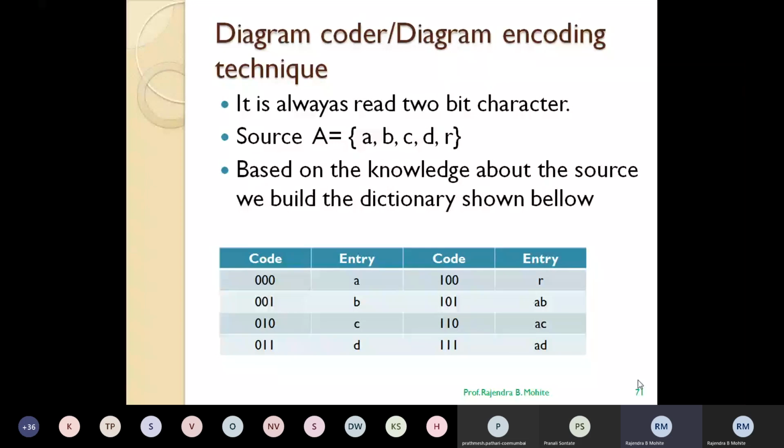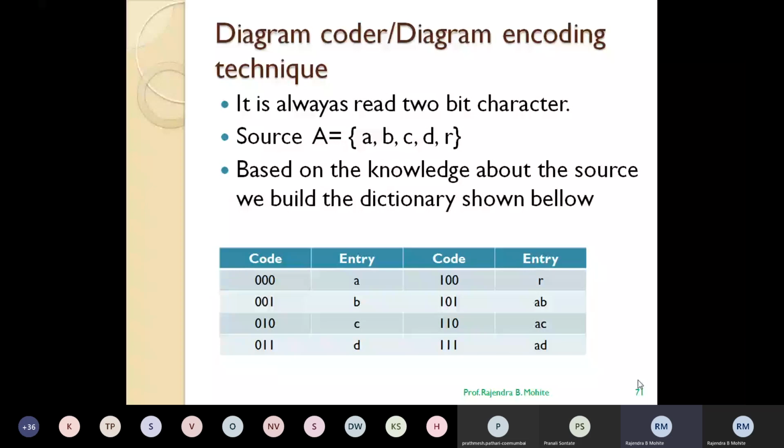If you observe on your screen, there is a table, and that table consists of a code word and the entry. As I already said, there is a repetition of alphabets present in the sequence, and there are only 5 alphabets present, so my source A is equal to A, B, C, D, R. Based on that, initially I try to build up the dictionary, or this dictionary is given to you.